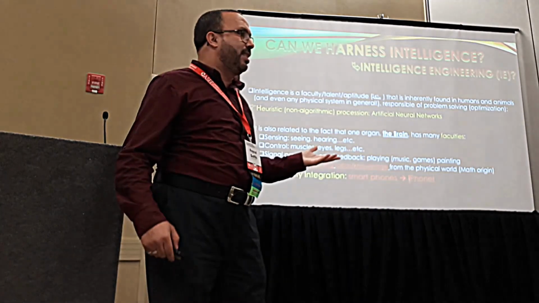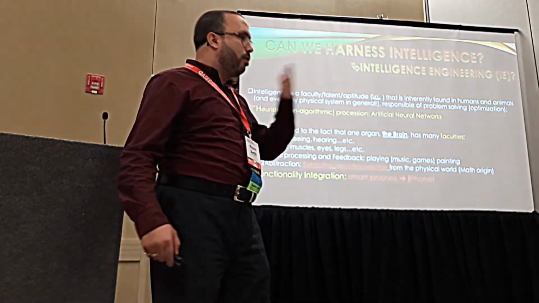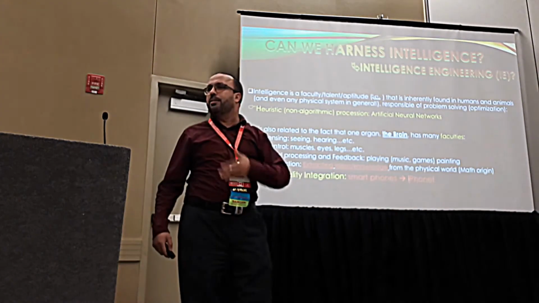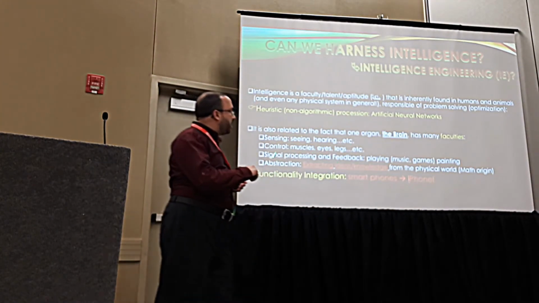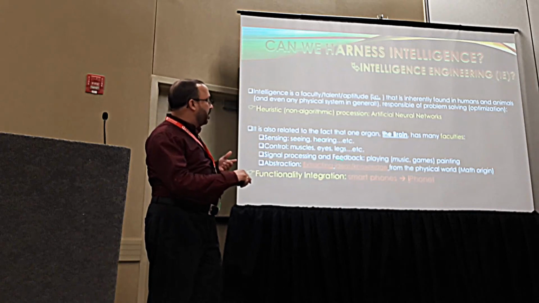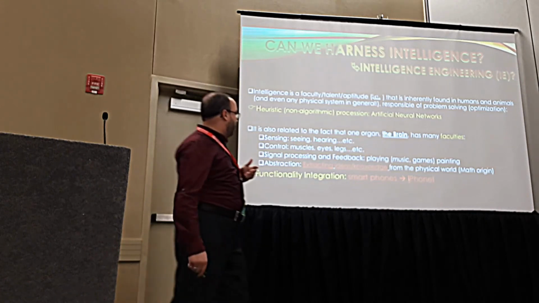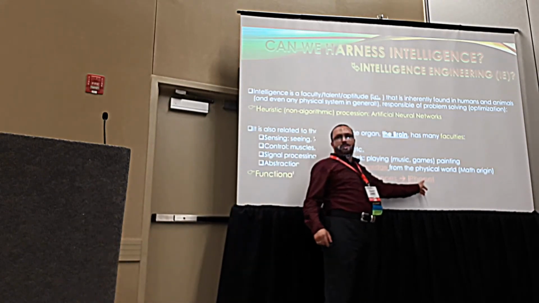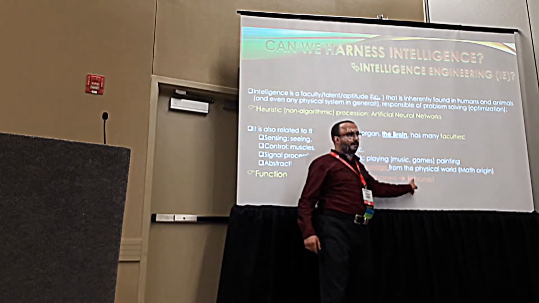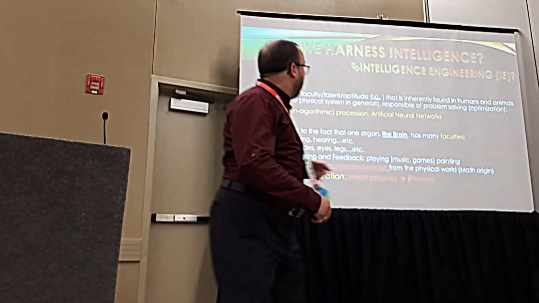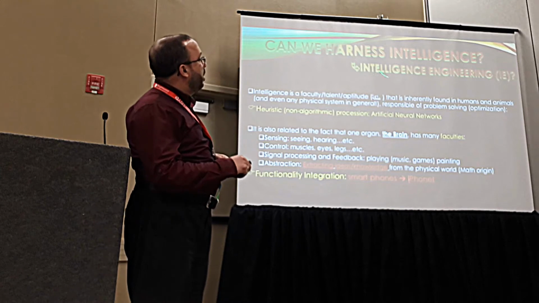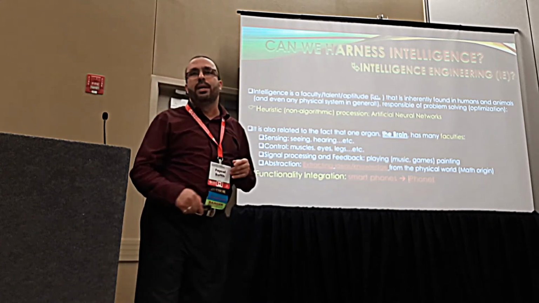Why? Because the brain does that. The brain senses and controls and imagines and processes. So the integration of faculties and functionalities makes the thing smart, and that's why we have an i before the phone. iPhone is an intelligent phone. So that's another aspect of the intelligence engineering that we have nowadays.